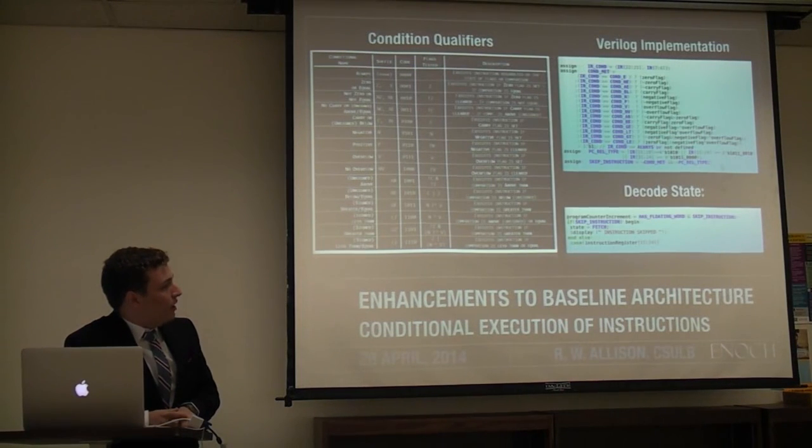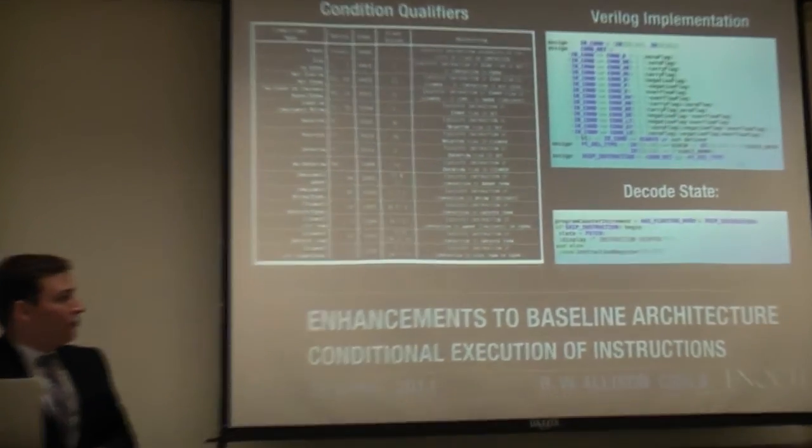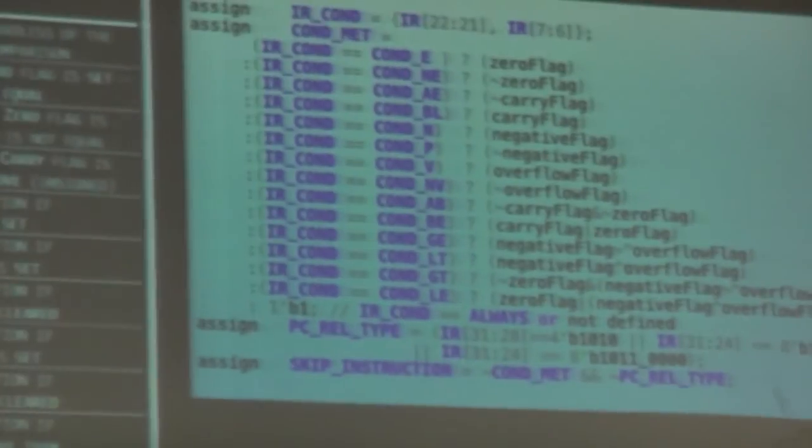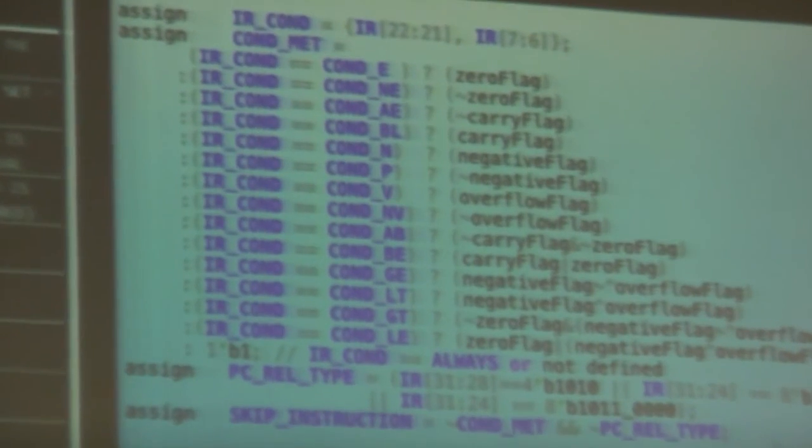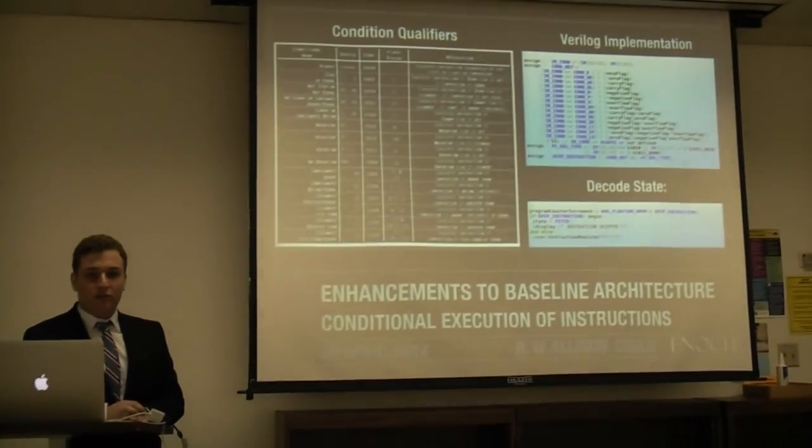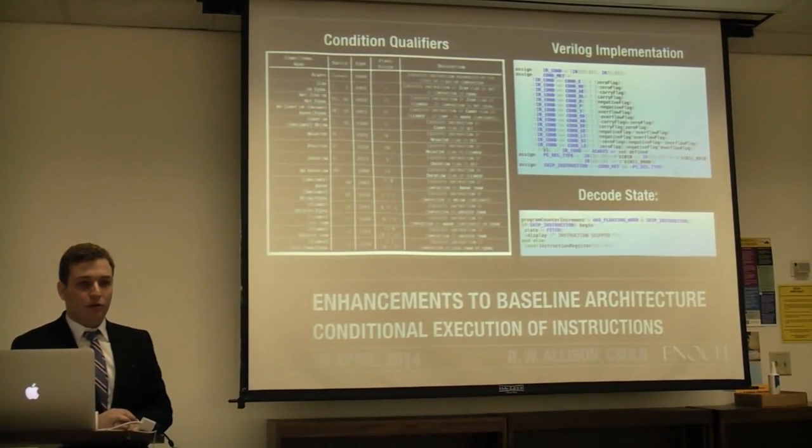So in the decode state, if a conditional value is not met, so if we want to, for example, add if there was a carry, if there was not a carry, then it actually skips the execution altogether, therefore saving you 1 or more clock cycles.